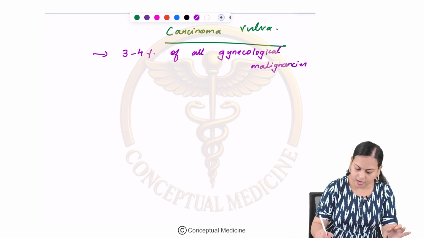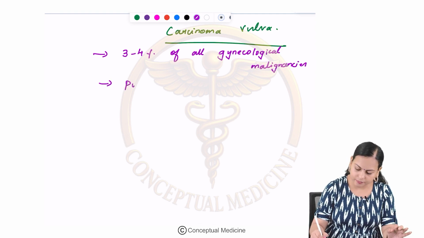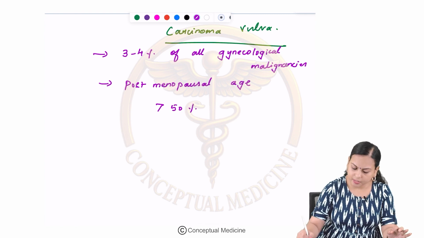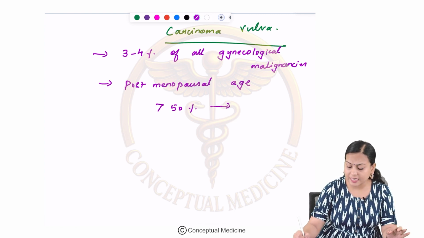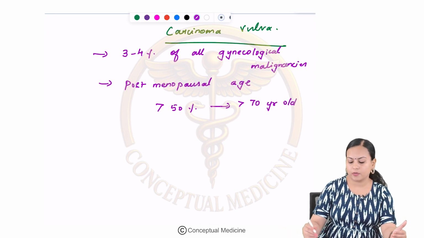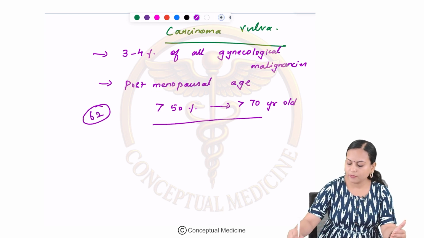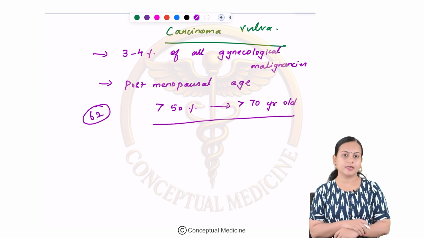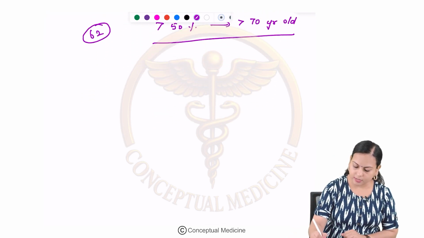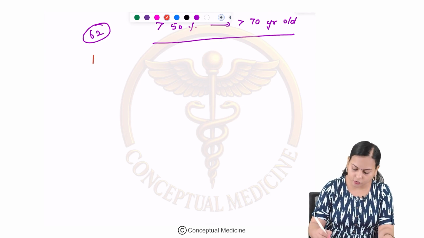It is mostly seen in the postmenopausal age, especially more than 50% of the cancers are seen in women who are more than 70 years old. So the average age of incidence can be around 62 also, but more than 50% of the cases are seen in women who are 70 years and above. Now, let's discuss the risk factors for vulval carcinoma.